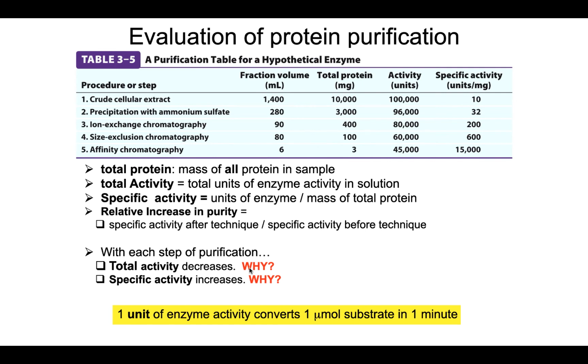Why is it happening? And then we have specific activity. That's increasing. All right, let's think about that. Is that something we want increasing? Why is it increasing? So think about these two questions, and we will talk about that in lecture.